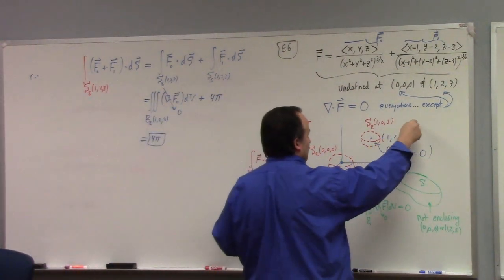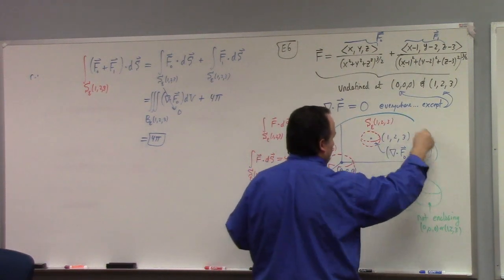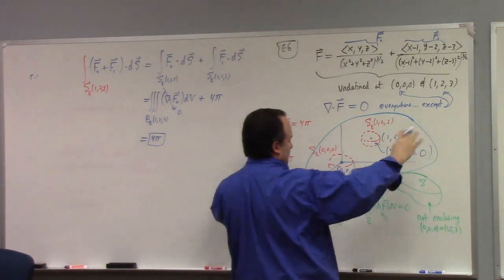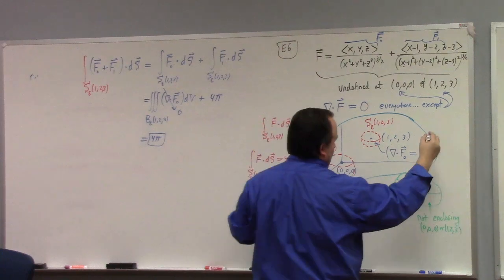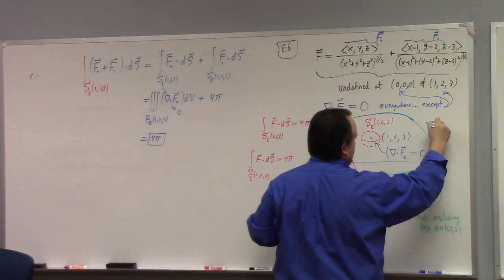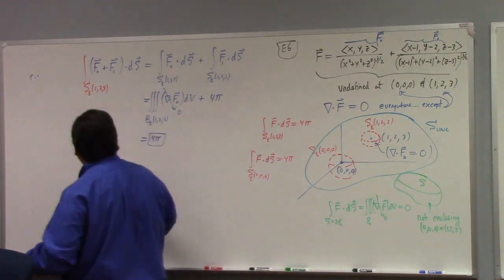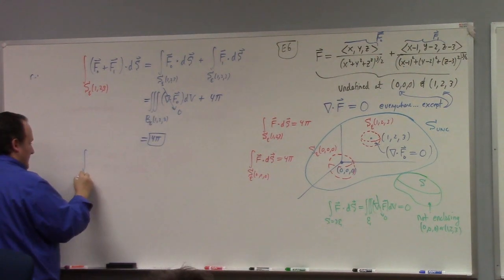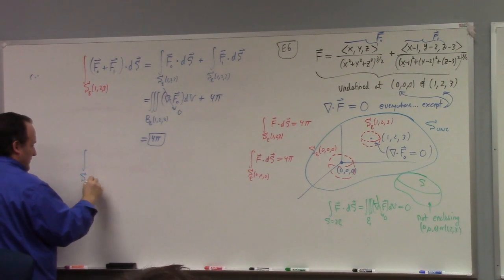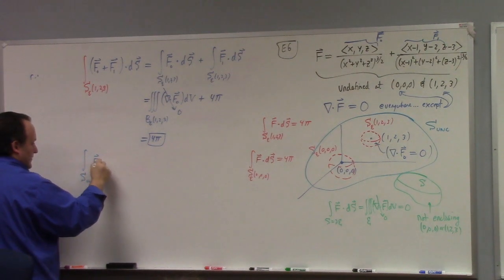So imagine this is your surface. It includes everything. So we'll call this the UNC surface. The flux through the UNC surface is what?